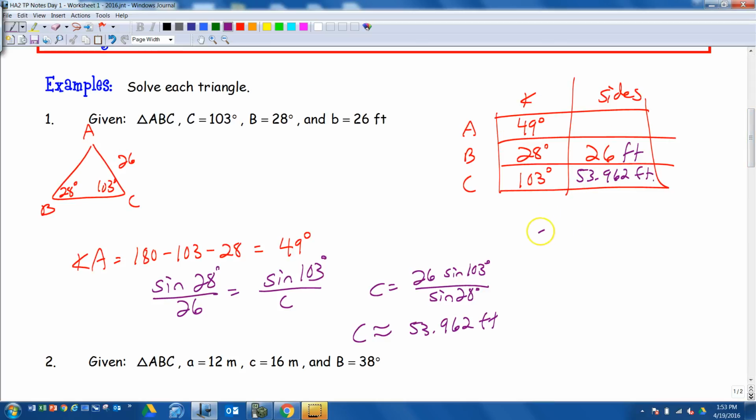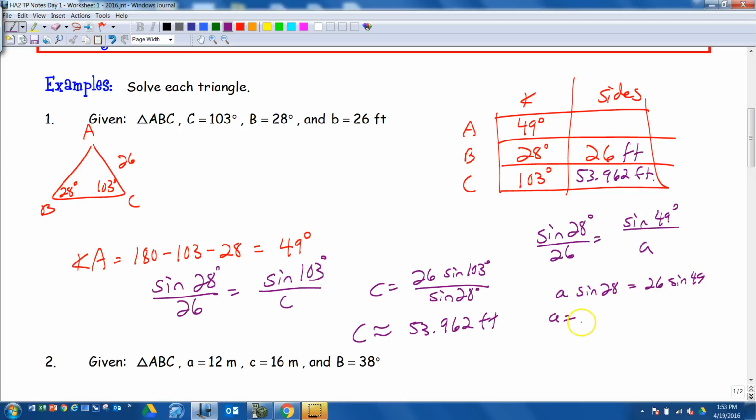And we have to do the same thing for letter A or side A. Now, when you do this, you still want to use the information for B because that is exact from the problem. So we're going to still use 28 and 26. Now I'm going to use sine of 49 and then put that over little a. Okay? Cross multiply, you get A sine of 28 equals 26 sine of 49.